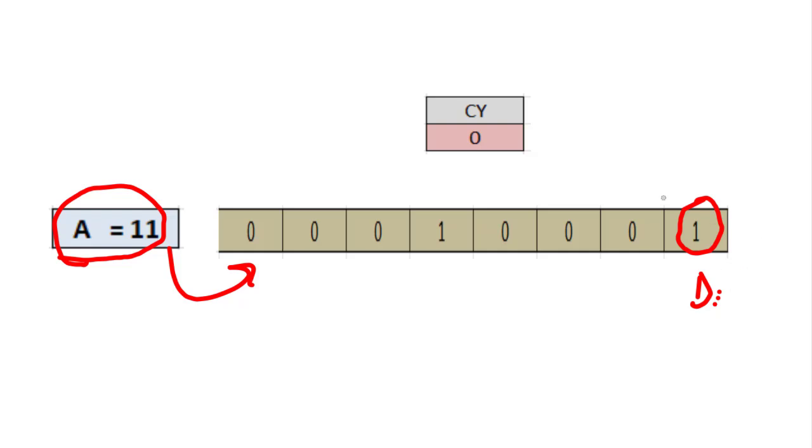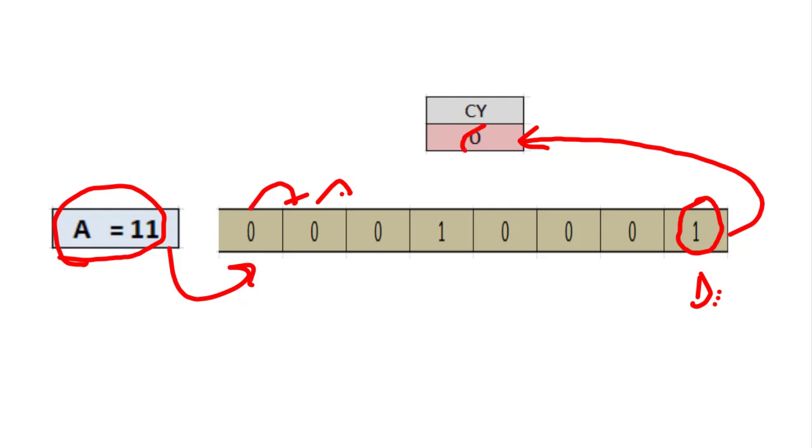When we rotate right, this bit goes into the carry, so we use the instruction rotate right through carry. Every bit moves one position to the right, and the rightmost bit, D0, moves into the carry bit.